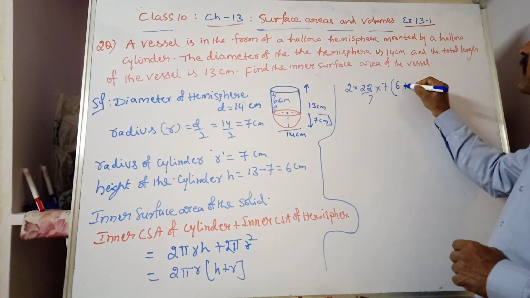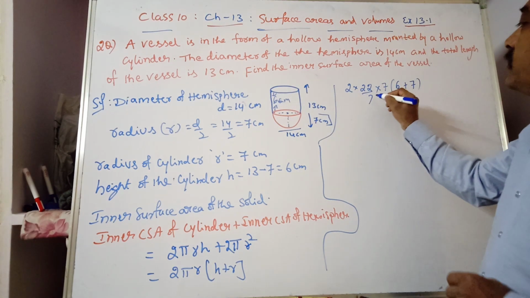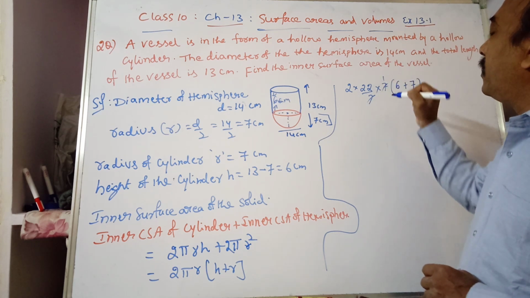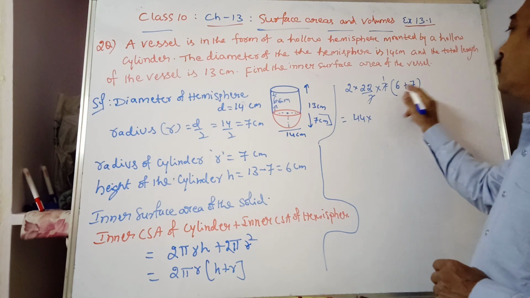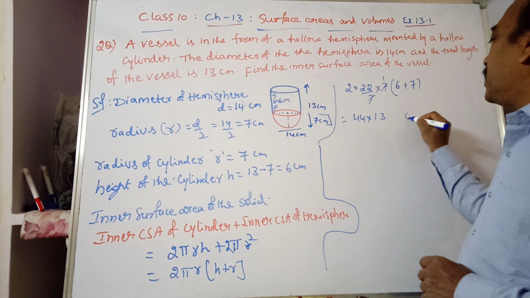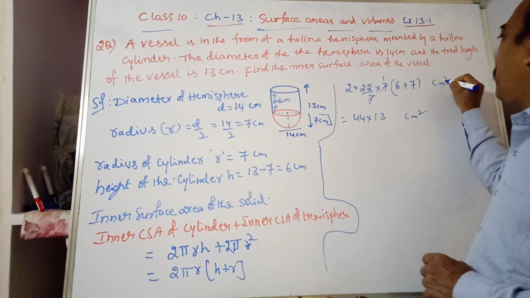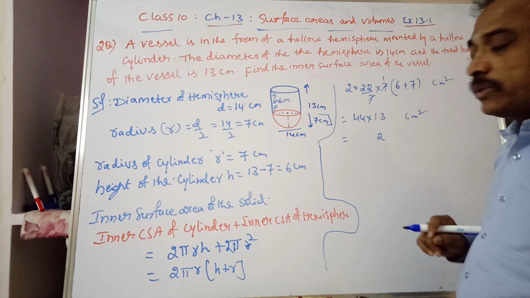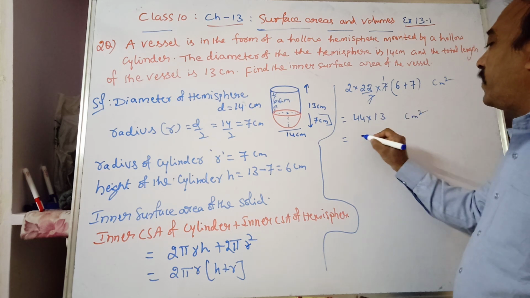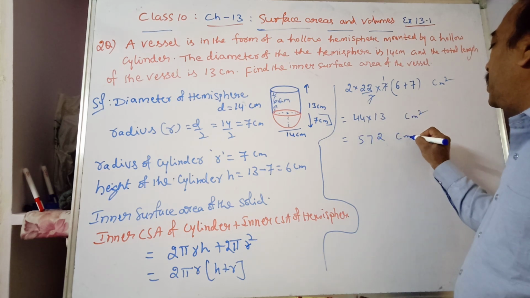So 6 plus 7 is 13 centimeter. 7 ones are 7, which is equal to 2 into 22, 44, into 13 centimeter square. 13 fours are 52, 13 fours are 52 plus 5, 57 centimeter square.